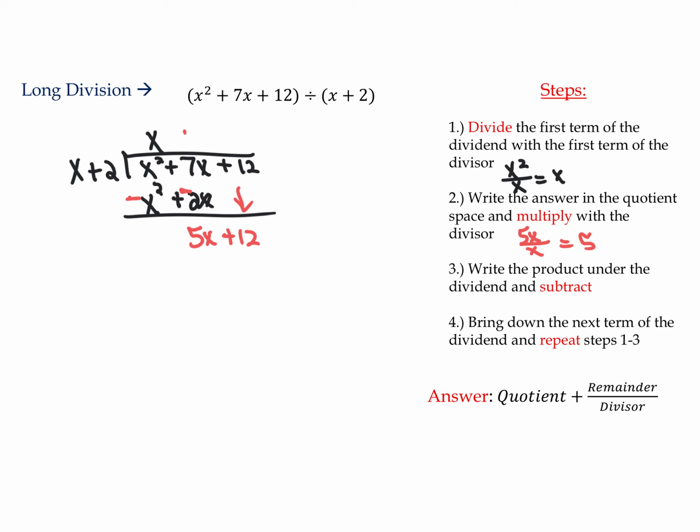So in my quotient, I'm going to have plus 5. Multiply: 5x plus 10. I'm going to subtract, and when I subtract, that means they're becoming the opposite. The x's cancel, and I have a remainder of 2, which would be 2 over x plus 2. So my answer is x plus 5 plus 2 divided by x plus 2.